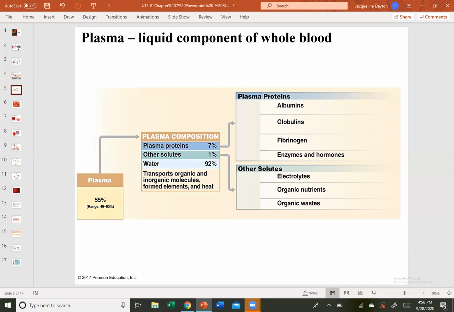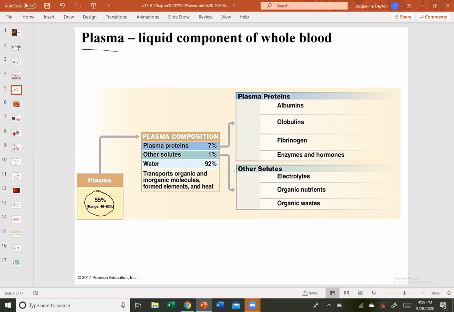Now let's look at the liquid component of whole blood. The liquid medium that these formed elements are sitting in and traveling in is called plasma. All right. Plasma is about 55% of the whole blood volume. So about half of your whole blood is cells or cellular fragments. The other half is this liquid medium called plasma.